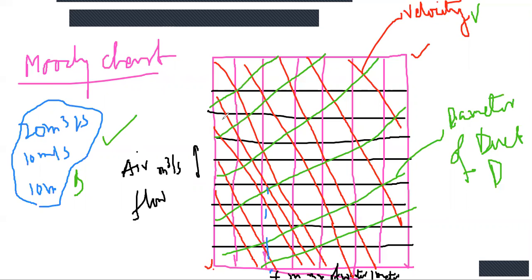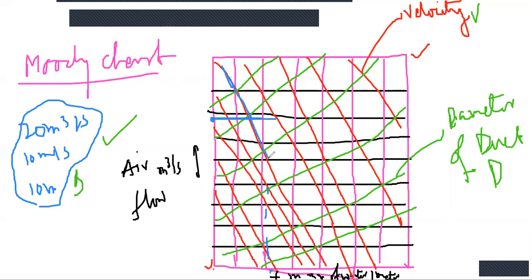The red lines are velocity; suppose this is the 10 meter per second line.